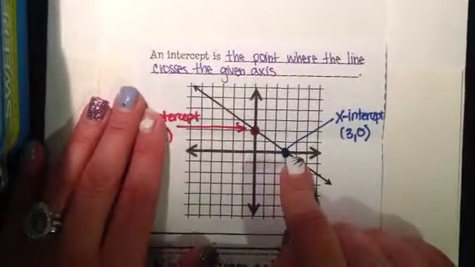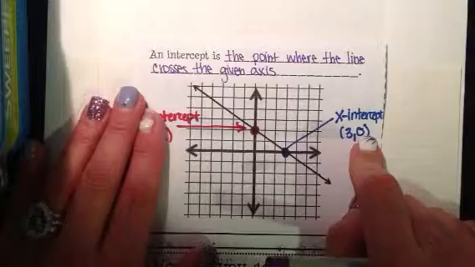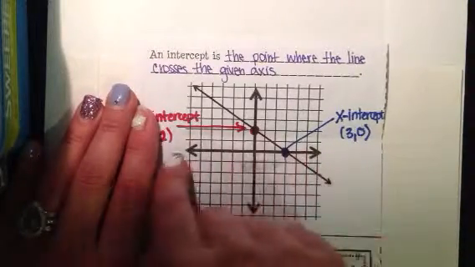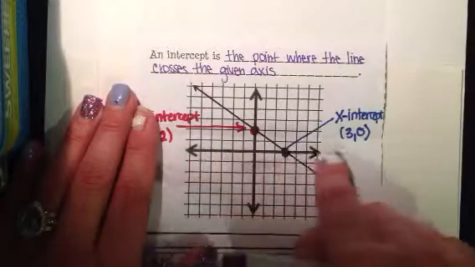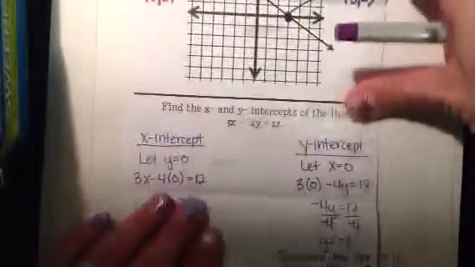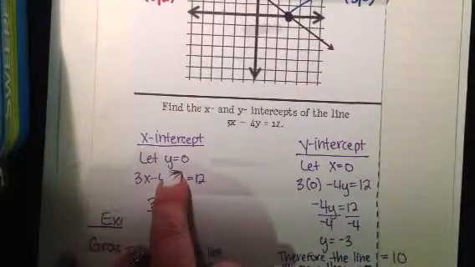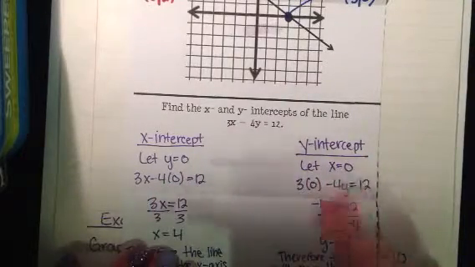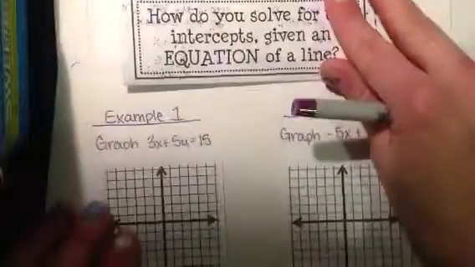Similarly, the x-intercept will always have a y value of 0. Anywhere on the x-axis, y is always 0. So to find the x-intercept, we must let y equal 0. And to find the y-intercept, we must let x equal 0. Let's try a few more examples here.